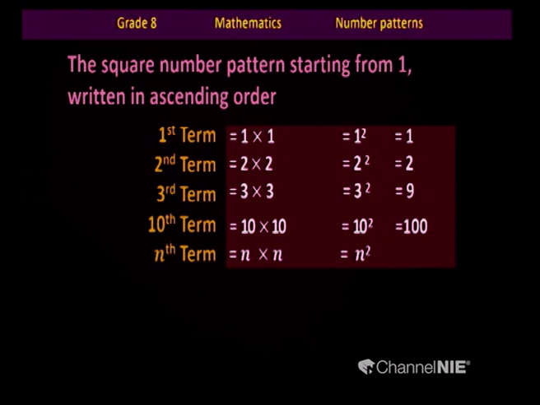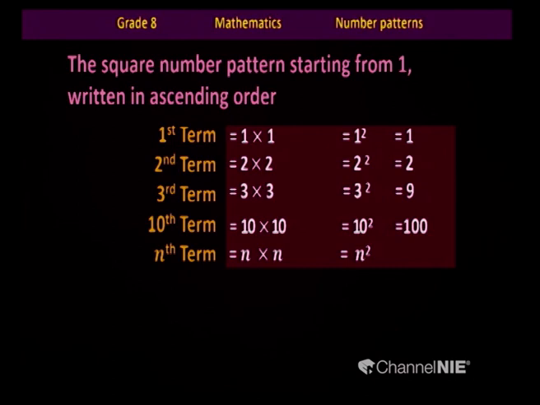Likewise, the third term is 3 multiplied by 3, that is 3 squared, that means 9. Now we will have a look at the 10th term. We can get the 10th term by multiplying the number of the term by itself. The number of the term is 10, so 10 multiplied by 10, that is 10 squared, equals 100.